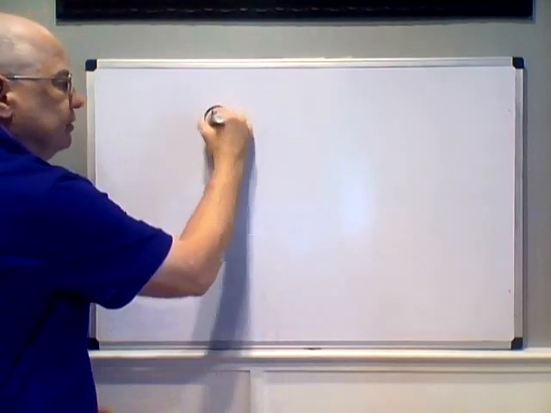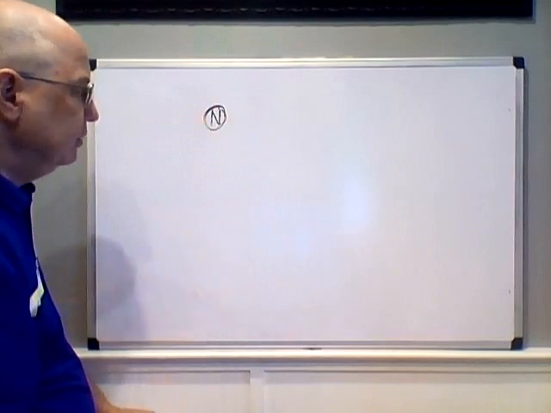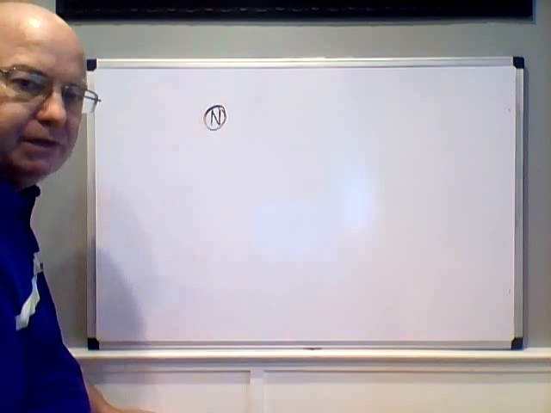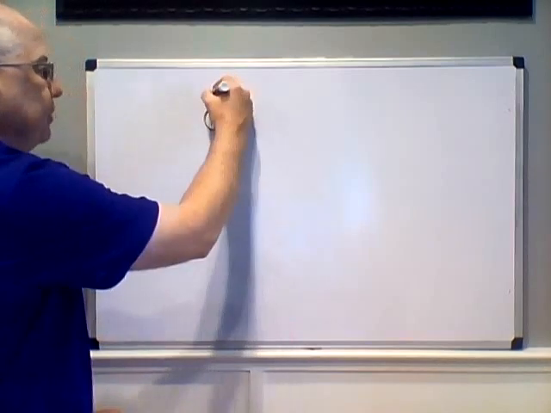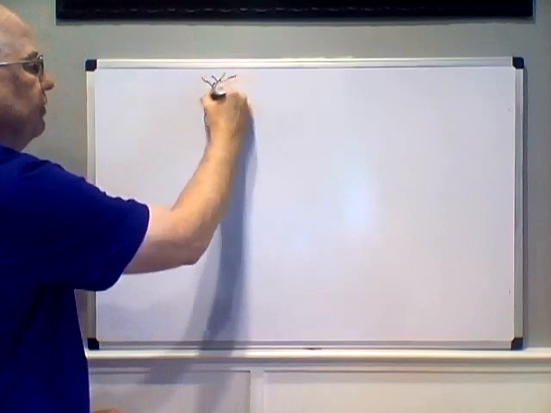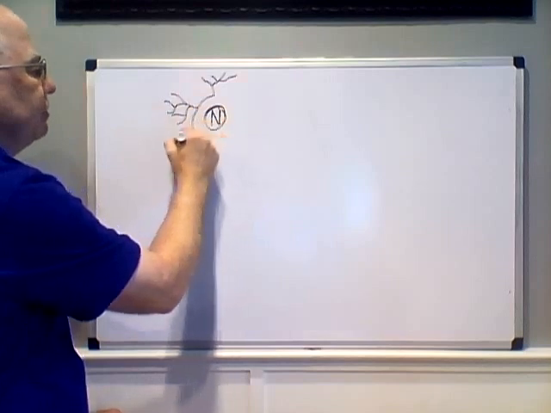Just like any other cell, neurons have a nucleus where all the DNA is stored and codes for all the proteins and so on. They have all the normal organelles that we typically see in most cells. And then some neurons will have all these little branches coming off of them and going in many different directions like this.